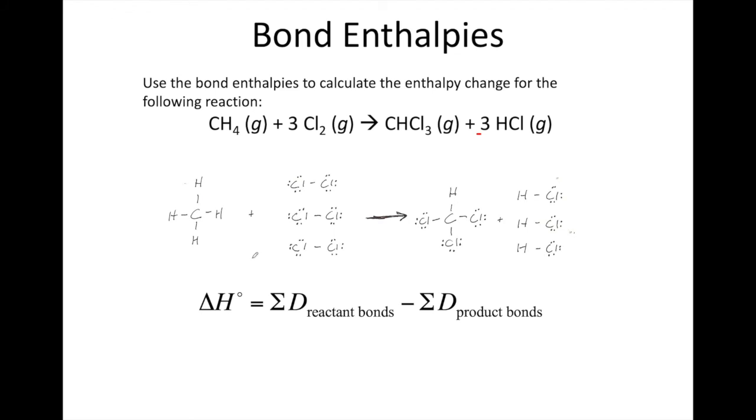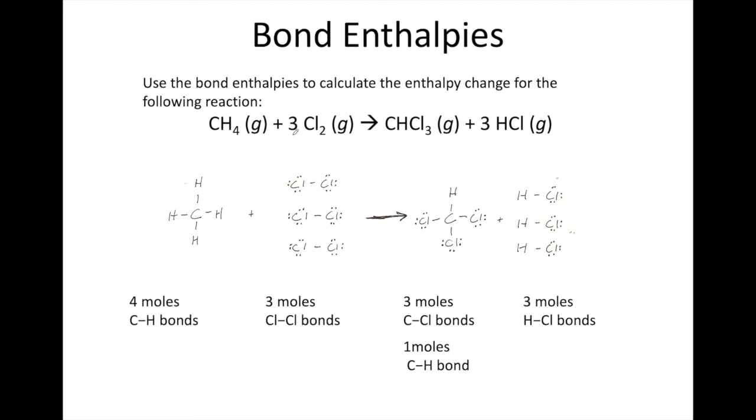So to calculate our delta H, we need to figure out all the reactant bonds, the bond enthalpy for each of those, and sum those up. Subtract from it the sum of all the bond enthalpies for my product bonds. And of course, we have to take into account how many moles of each we have. So if I look at each, for methane I've got 4 moles of carbon-hydrogen bonds: 1, 2, 3, 4.